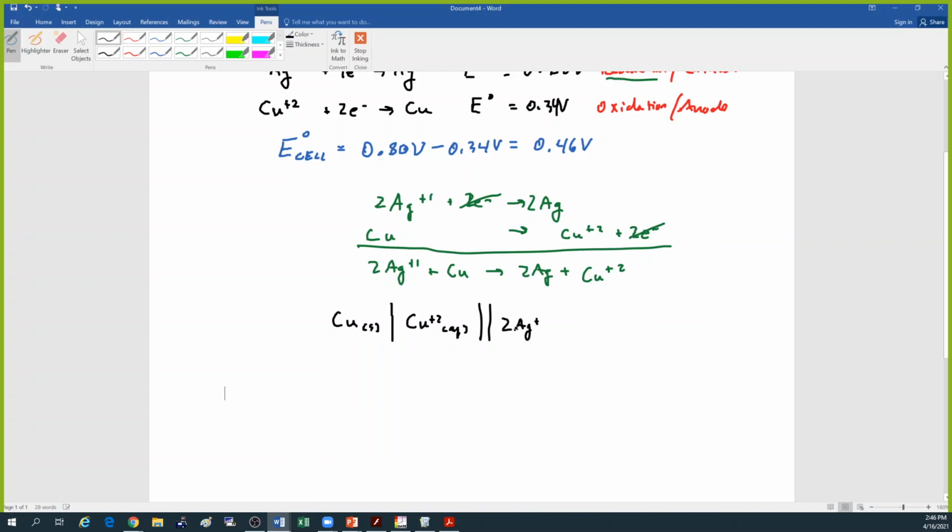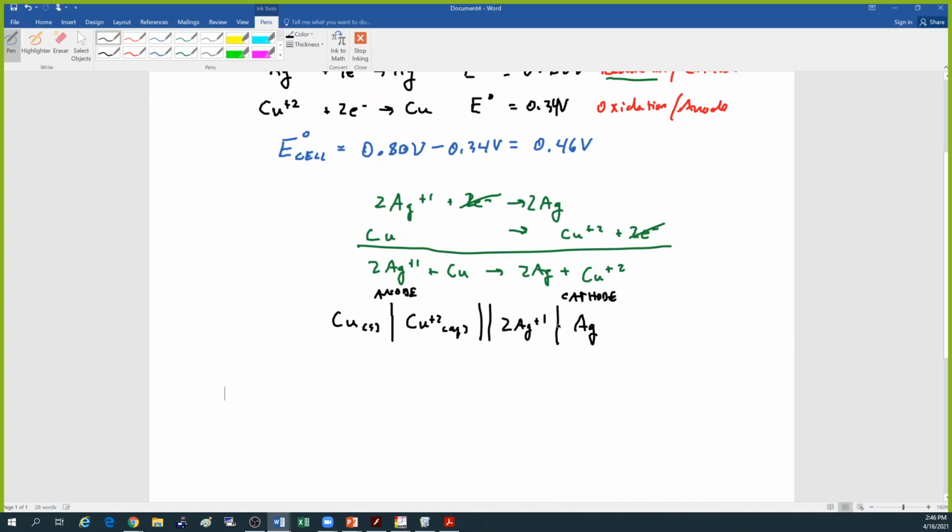I'm going to use the balancing coefficient. I don't know that we need to, but just for the sake of balancing, I guess. And then the silver solid. Perfect. And it's understood that the left half is the anode, where the oxidation happens, and the right half is the cathode, where the reduction happens, et cetera, et cetera.